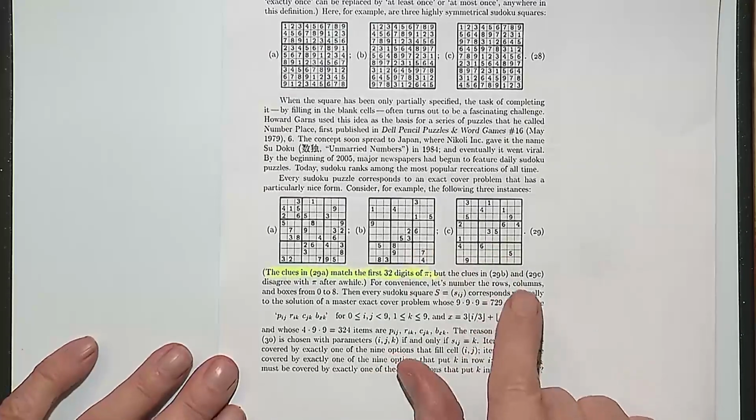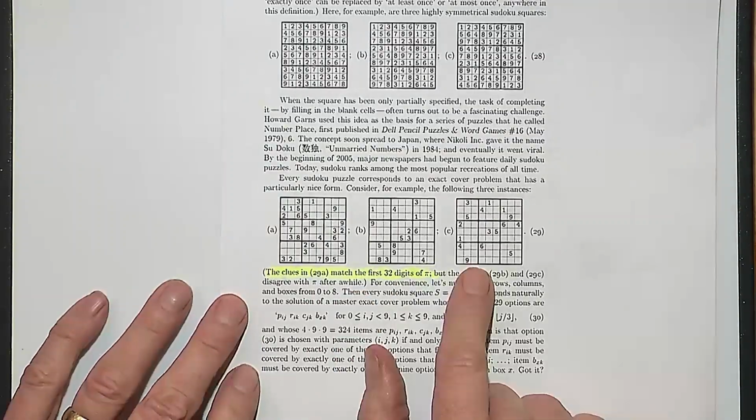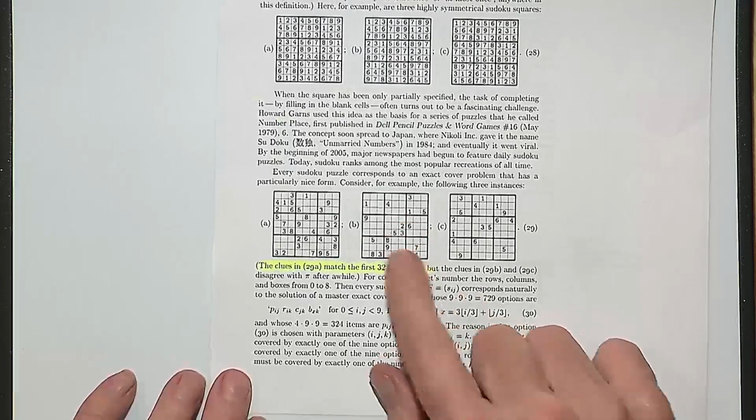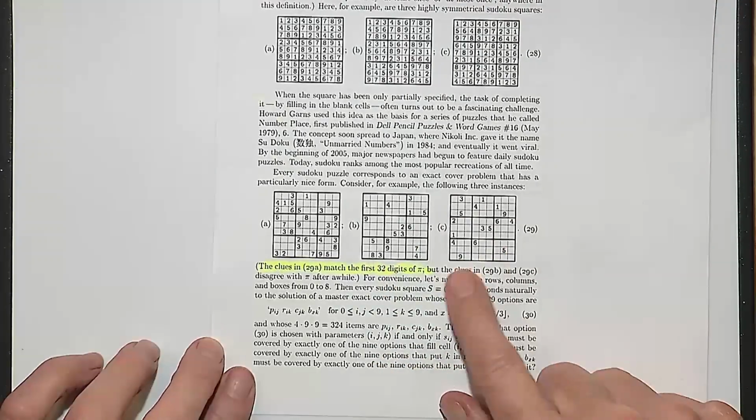The other two examples, I didn't have time to work out, but actually it's been proved that you need at least 17 clues in every Sudoku puzzle, and this one has only 17 clues. This one has only 16, so it doesn't have a unique solution.